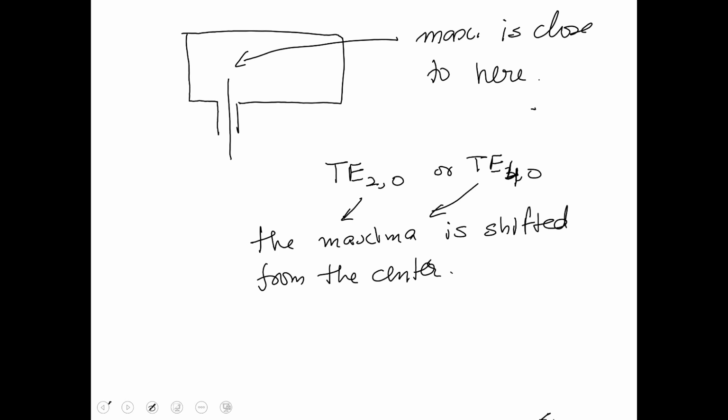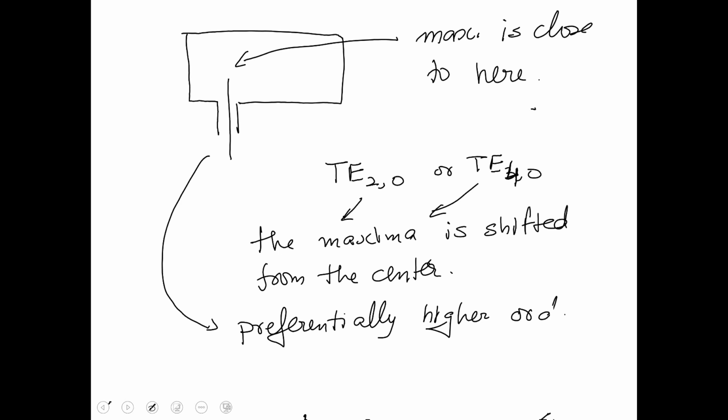So if I take that same coaxial cable and feed it through a hole into my waveguide off-center, preferentially the higher order even TE2K0 modes are going to be excited.